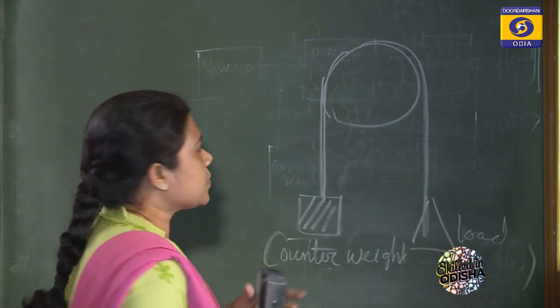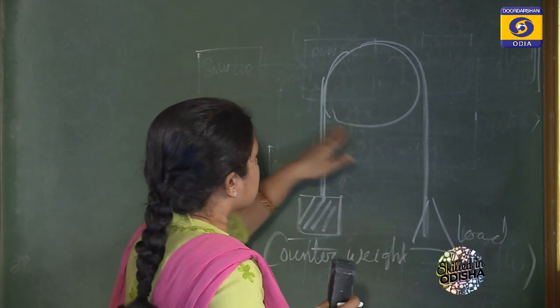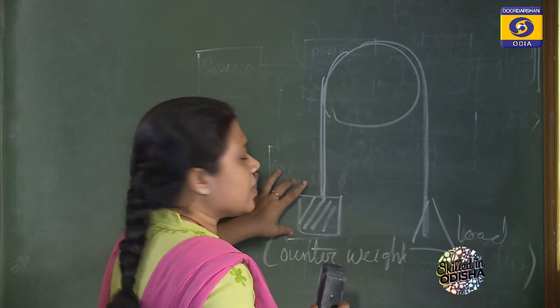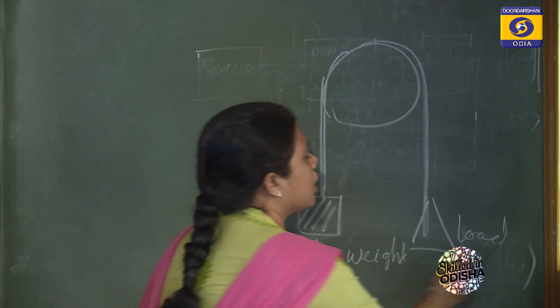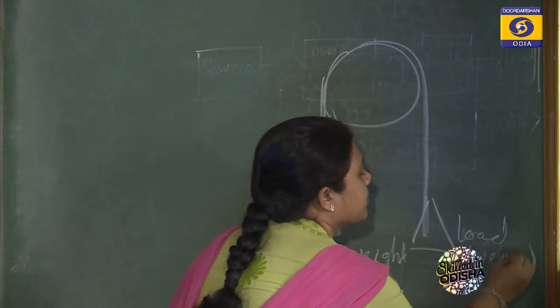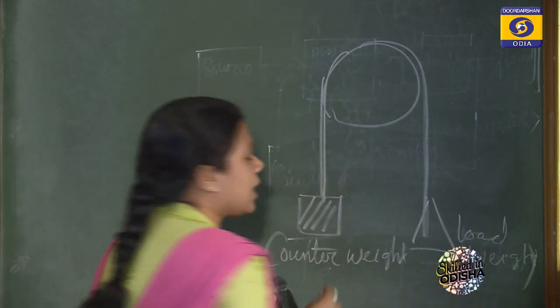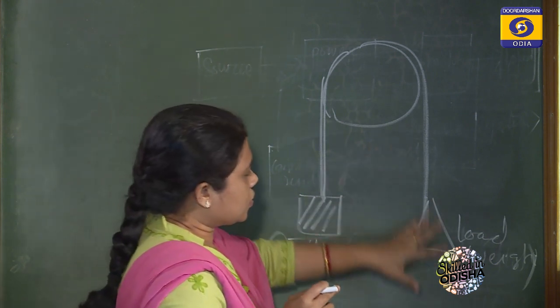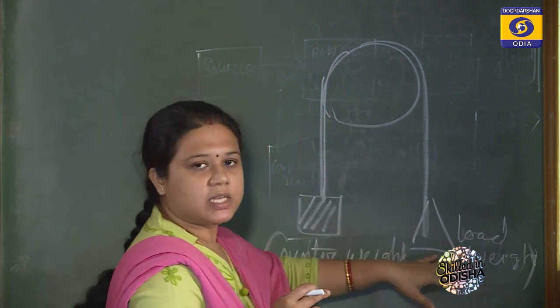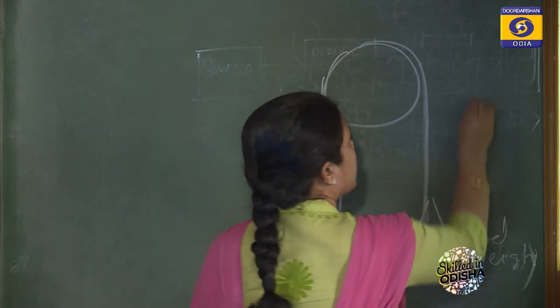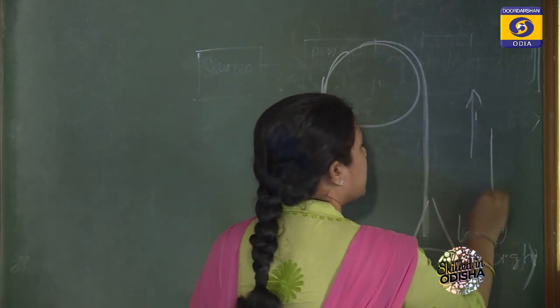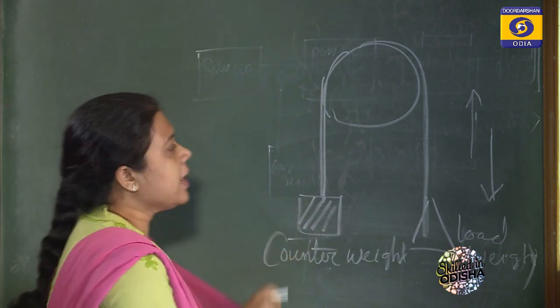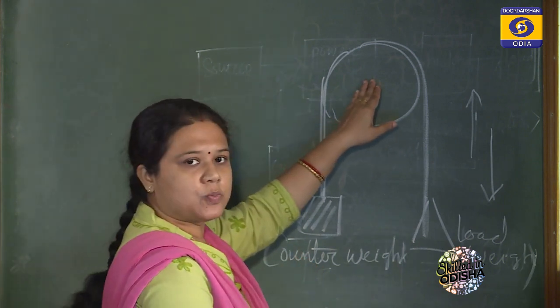Okay, so now motor is present here, and here one counterweight is present, and here load or weight is given. So why is it called a counterweight? Suppose our aim is to change the motion of this weight or load. That means this load will move in upward or downward direction, and it is connected with this pulley.